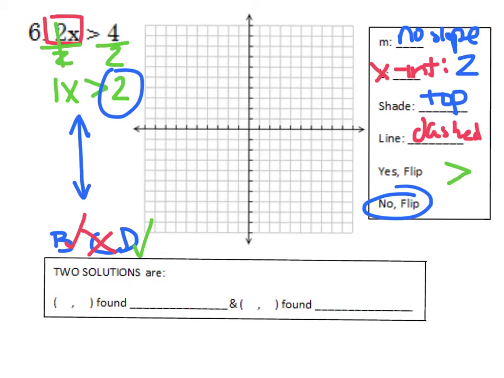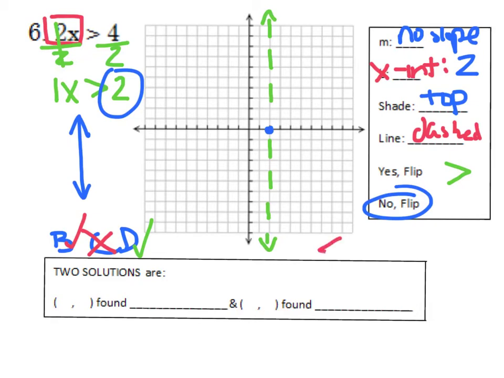So, my first point is going to be on the x-intercept at positive 2. We already know because it's a no slope that this line, okay, is going to be vertical. And notice I'm dashing the line. Notice I didn't get carried away and do a solid line. Now the issue here is technically you can't shade on top or bottom of a vertical line. You either shade to the right or to the left.